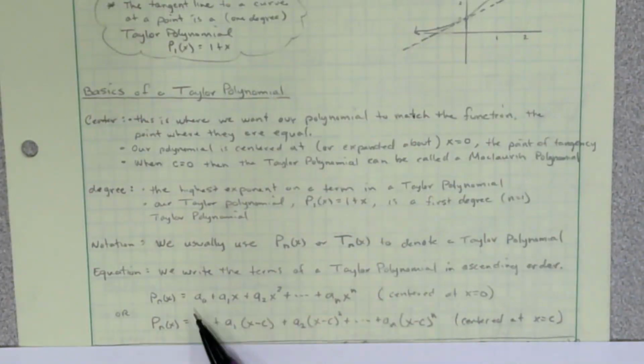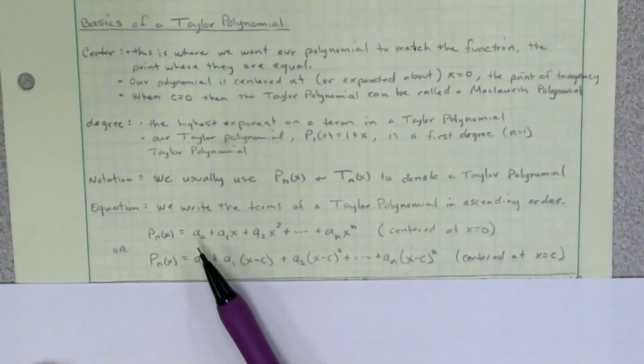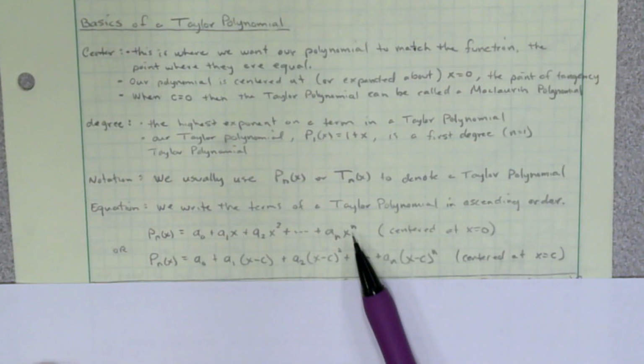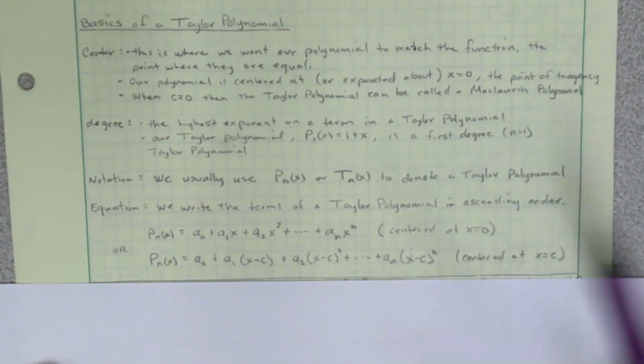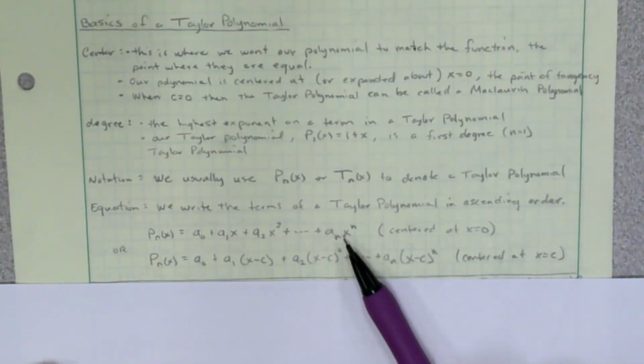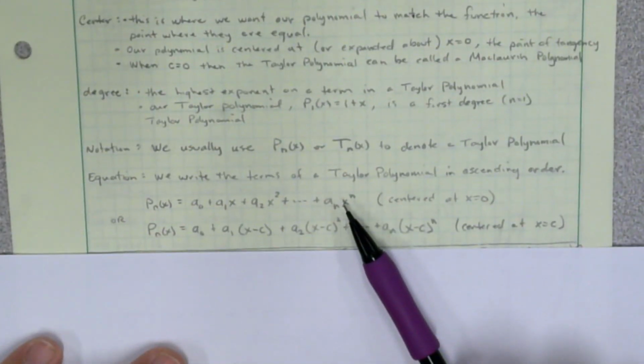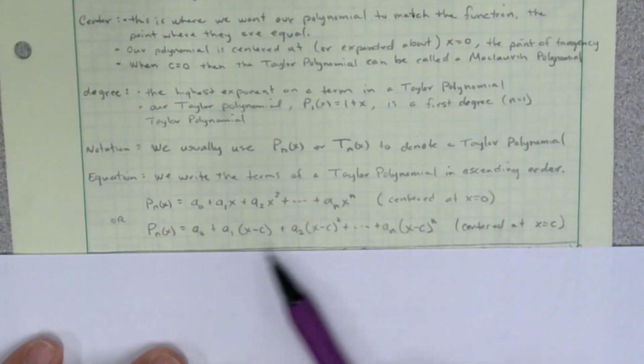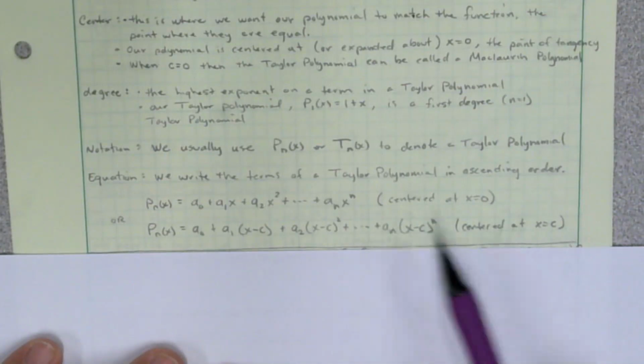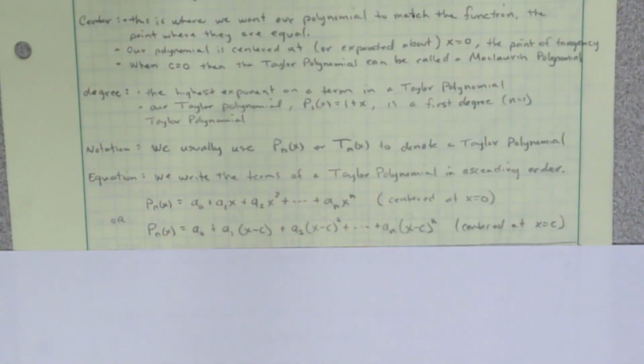So the first term is the constant, and then all the way up to the highest exponent, so it's a little bit different from a normal polynomial standard form. Centered at 0 would be this one. If I want it centered at another value, then the Taylor polynomial takes on this form right here, where you just have x minus that other value. Other than that, it's very identical to what you're going to be dealing with.